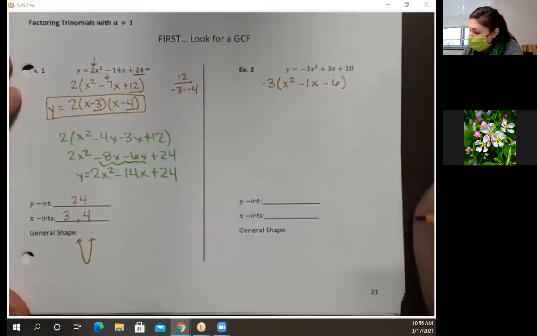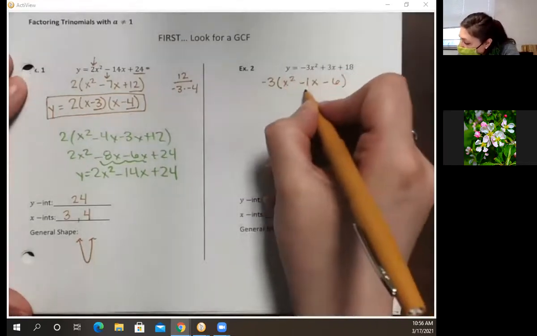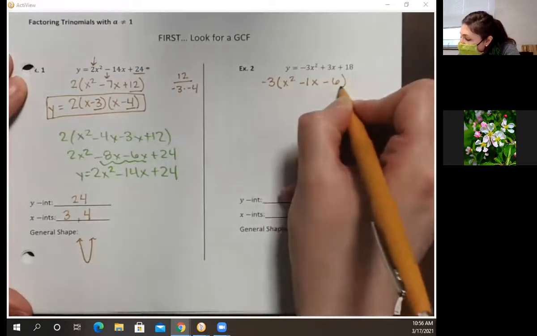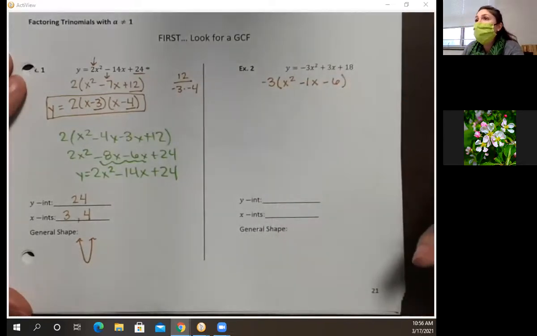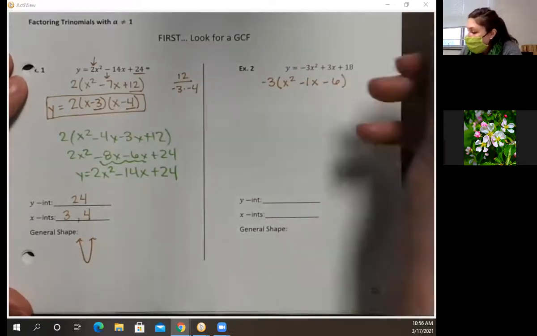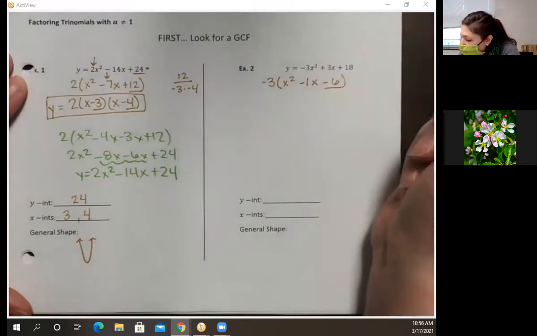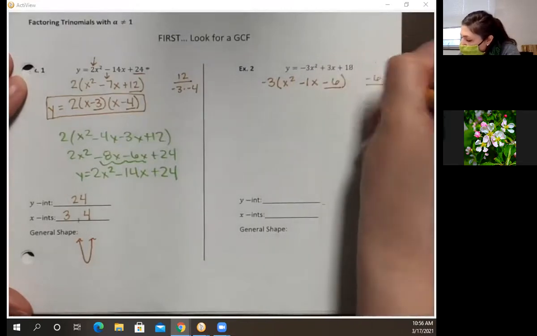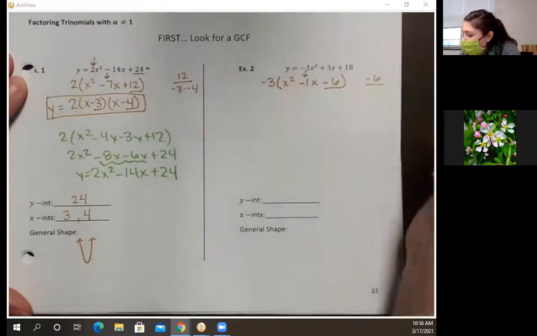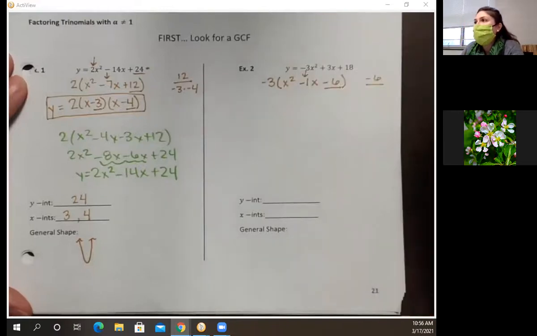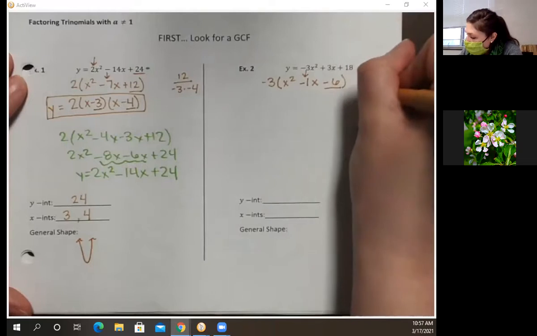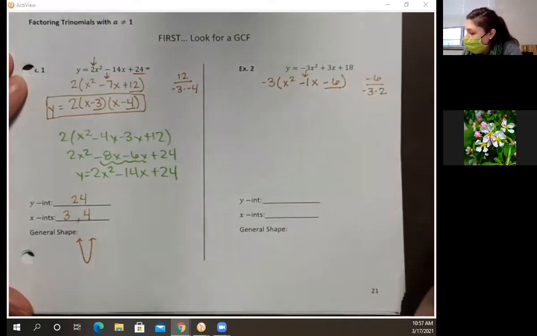Now, just like in example 1, the stuff I've got left here inside of parentheses is something I can factor the same way we did the last 2 days. So I want factors of C, factors of -6, that add to B, add to -1. Factors of 6 that add to -1. -3 times +2.